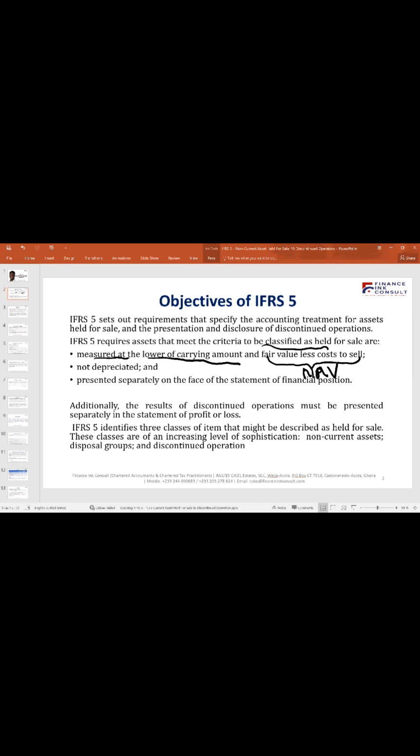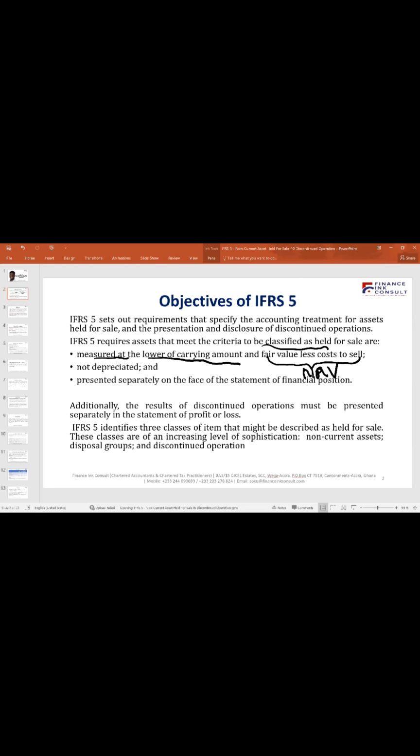Then three, they are presented separately on the face of the financial statement. So you don't go and hide it. That's why I said we don't add it to our inventories in our balance sheet. It will look like IAS 2. So we present it separately on the face of the financial statement so that anyone who sees it knows that, oh okay, the company has an asset, maybe a table or laptop that they were using, and now they want to dispose of them.